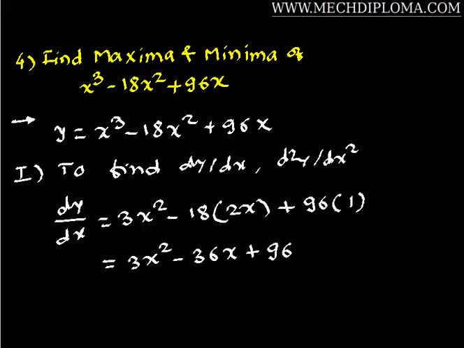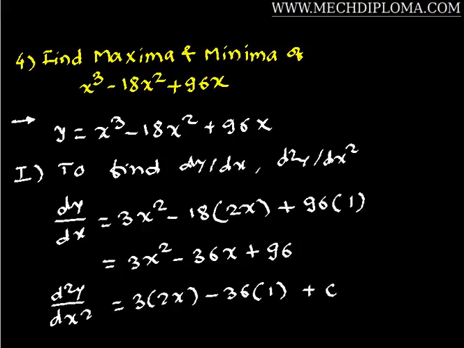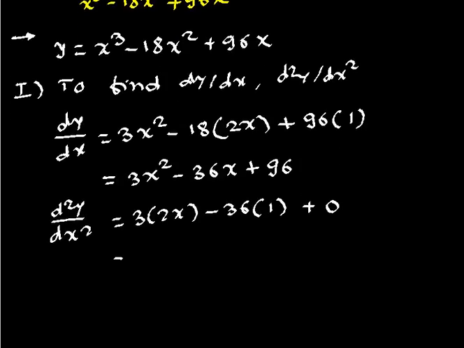This is the first order derivative. If we again differentiate it, it will be d2y by dx square: 3 constant, derivative of x square 2x, minus 36 constant, derivative of x 1, plus derivative of constant alone is always 0, so it comes out to be 6x minus 36. So this is the first step.